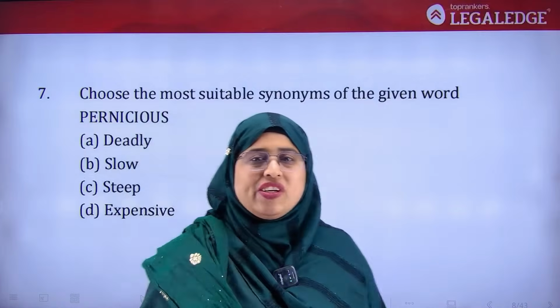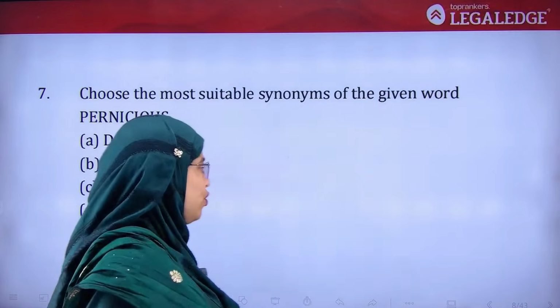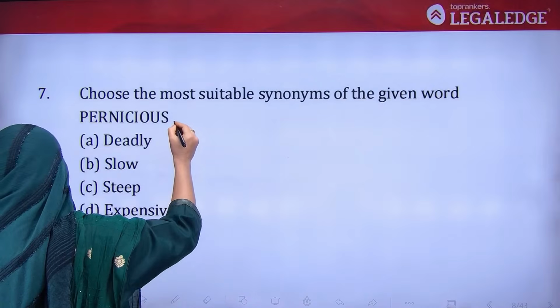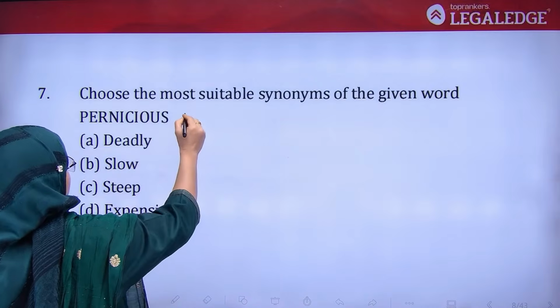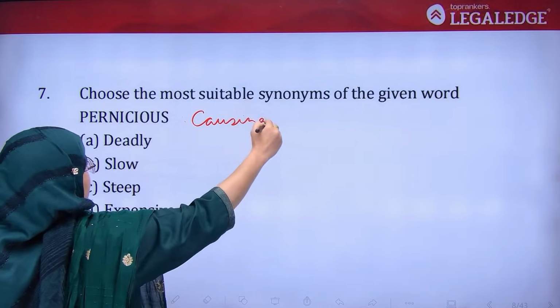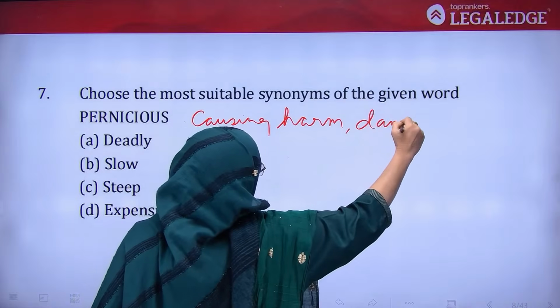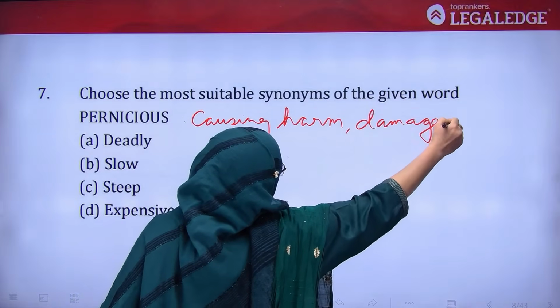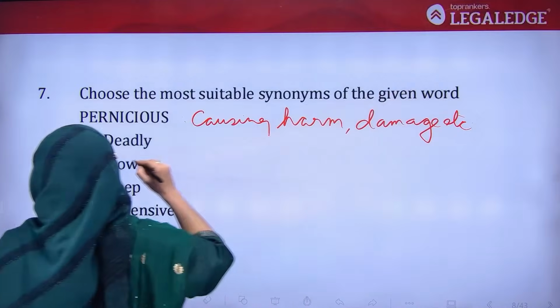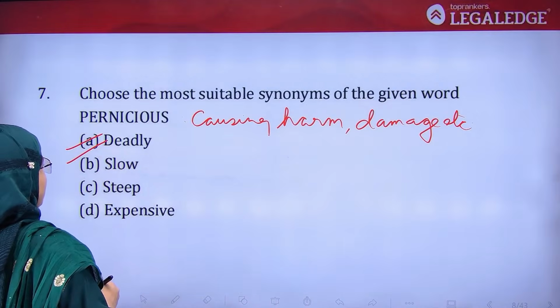Now, pernicious is something which is harmful, something which is dreadful. So you can write down the meaning of pernicious here: causing harm, damage, etc. Deadly should definitely be the correct synonym.